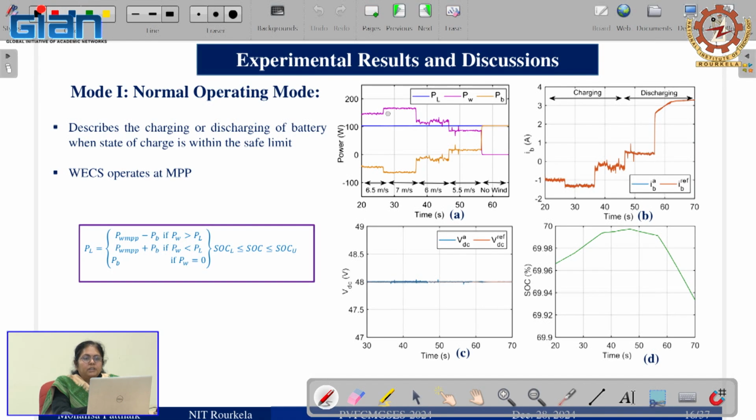The results are with varying wind speed. Till 6.5 meters per second it is giving nearly 145 or 150 watts. Then the wind speed is changed to 7 meters per second, which gives around 175 watts. So the excess power goes to the battery. This is the normal operating condition, the first case. Are you getting it or not?